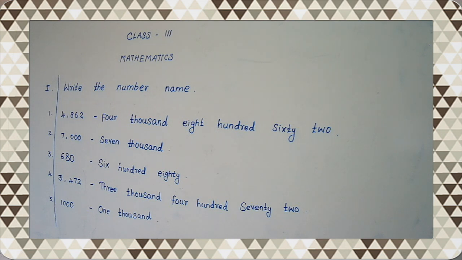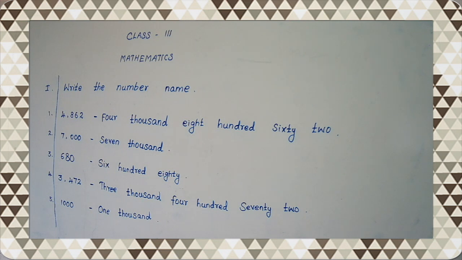See the board and write neatly, children. Don't look here and there. If you complete, see the note and read the spelling one by one. Don't simply sit, okay? Then the fourth one, 3472. T-H-R-E-E, 3.